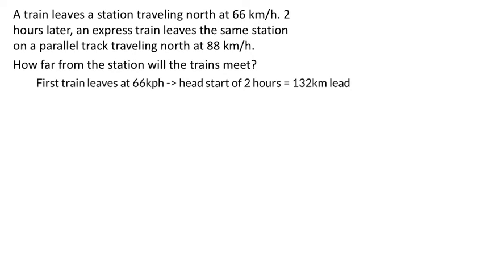You can word this however you want, but that's one of the main numbers I need. I know that the first train leaving, by the time the second train leaves, is now 132 kilometers ahead.